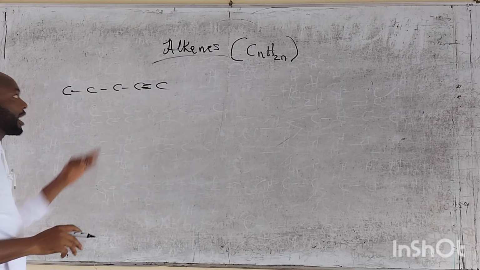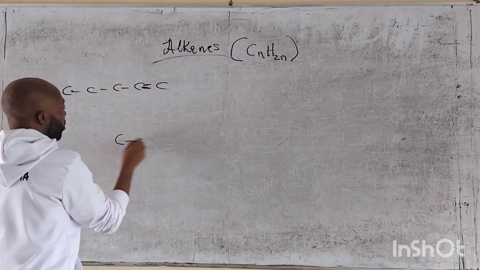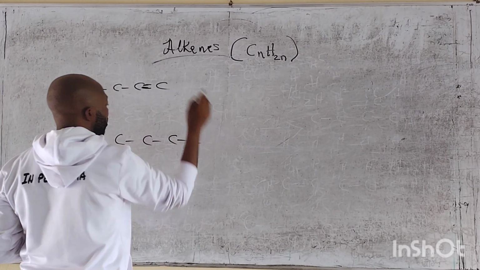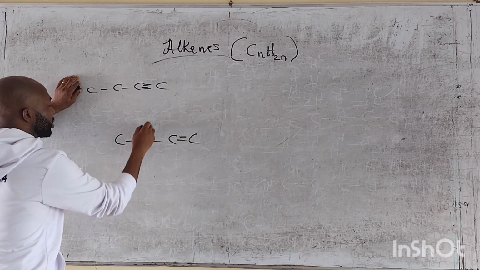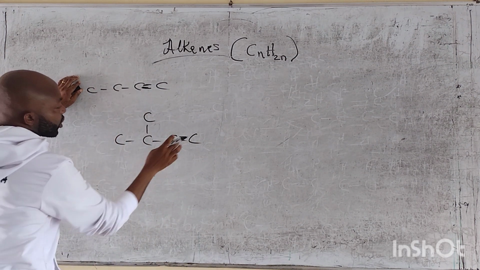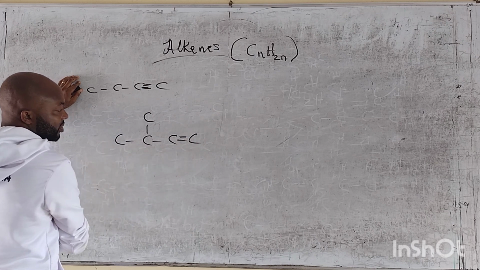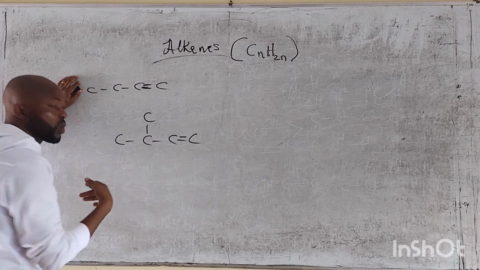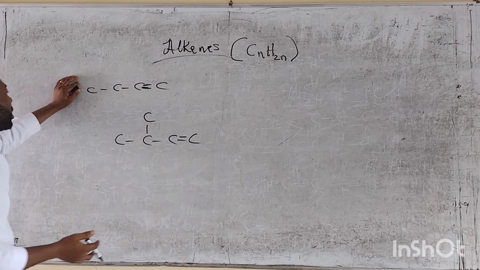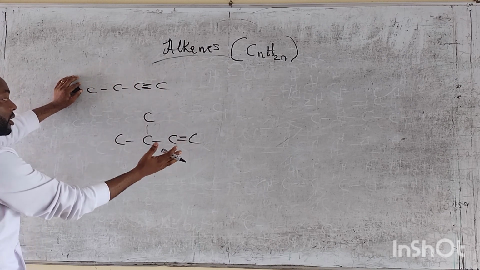I want to get an isomer of pentene based on structural framework. I now have 1, 2, 3, 4. I still have my double bond here. And I cut one of these and put it here. This becomes 1, 2, 3-methyl butene. Alright? 3-methyl but-1-ene, if you want to put it that way. So this is it, because this is a different structure. It's different from this, obviously.